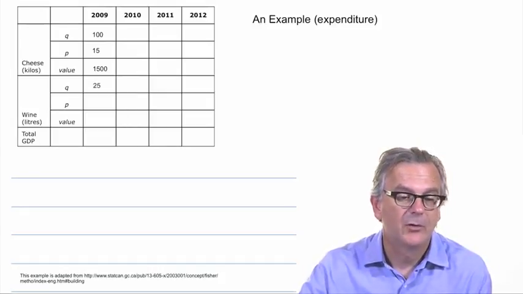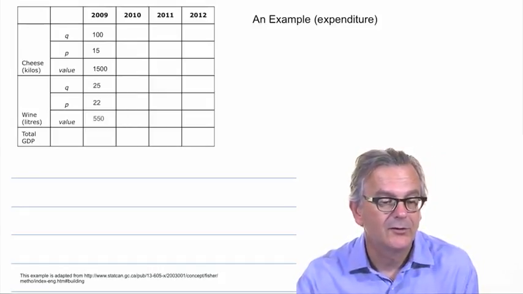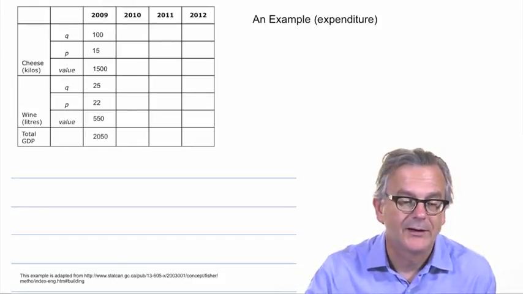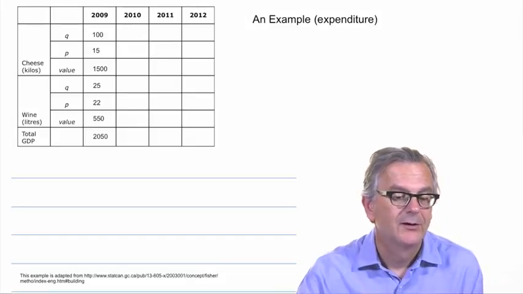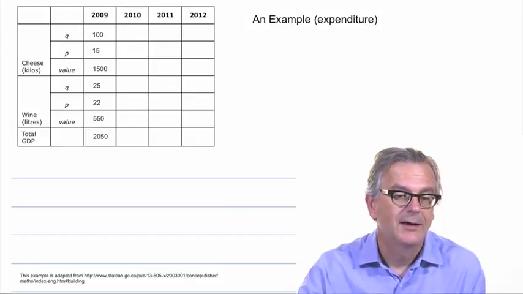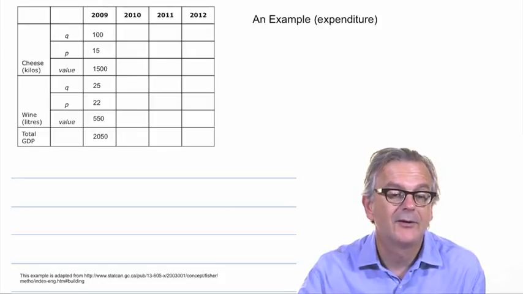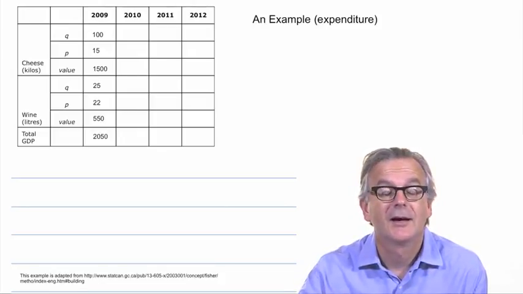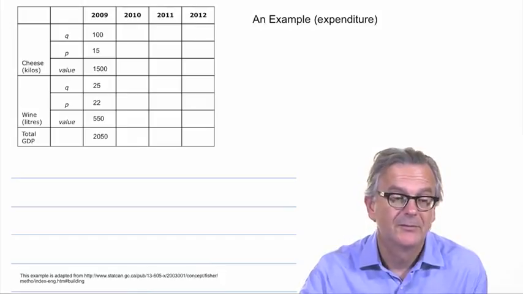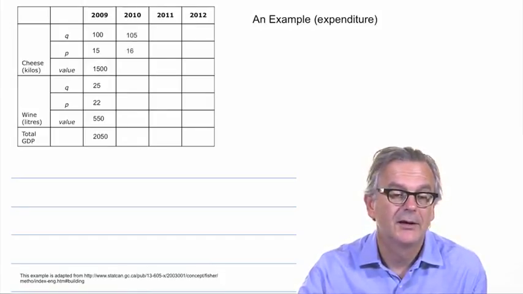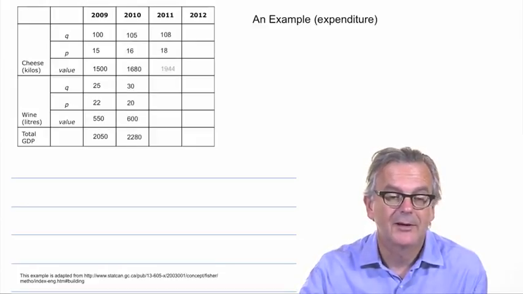We'll put in some numbers for wine, 25, 22, and a value of 550. And we'll just fill in the rest. Total GDP in 2009 will be the sum of those two values. Think of that as the final expenditure on cheese and wine over that year in this economy. We'll just make up some numbers for the following years.